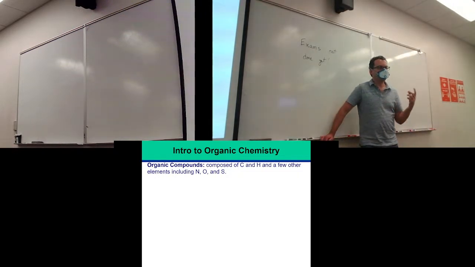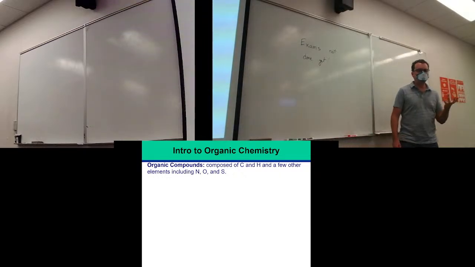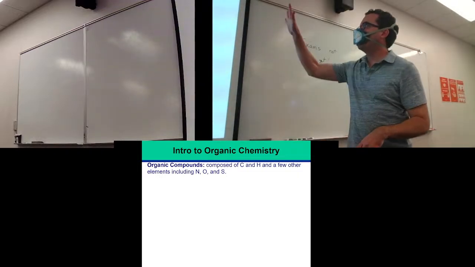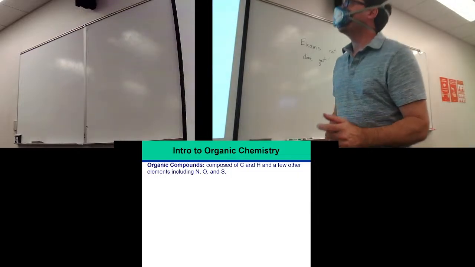These are things that contain carbon-hydrogen bonds, along with other bonds as well. We could have plenty of other atoms, but the main part is that you need to have some kind of carbon-hydrogen connection. It's got to be both carbon and hydrogen, not just carbon.